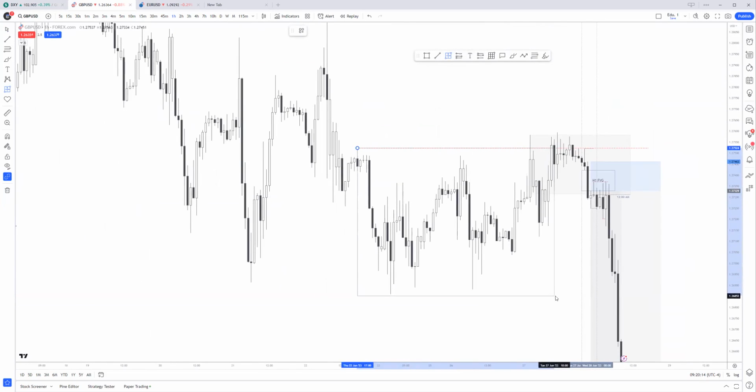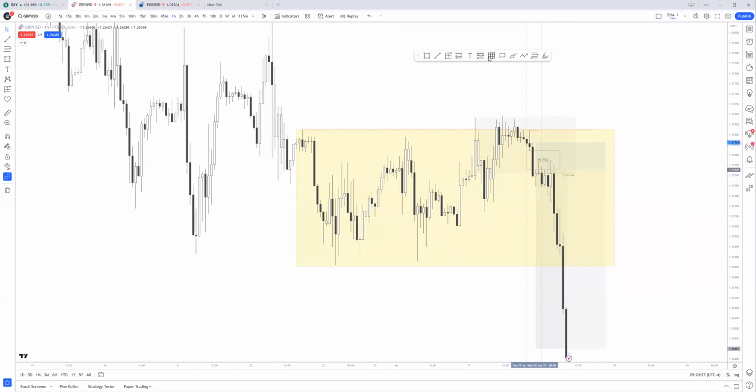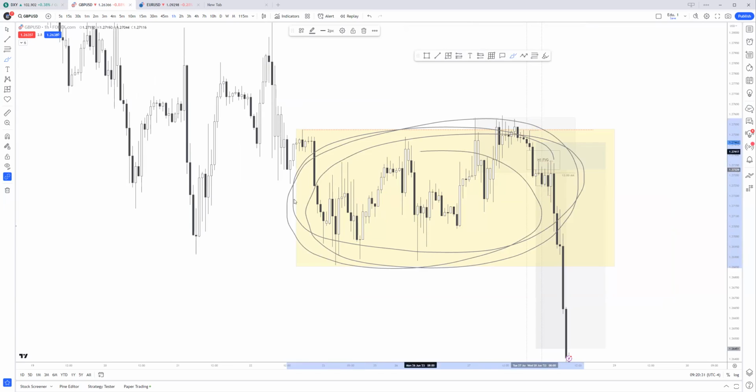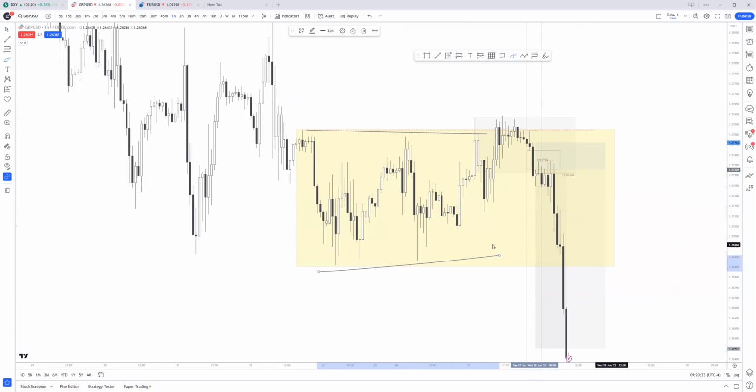You have manipulation. Let's make it like this so it's very clear to understand. Accumulation of price. So this is the accumulation of orders in the market. This builds up liquidity on both sides.